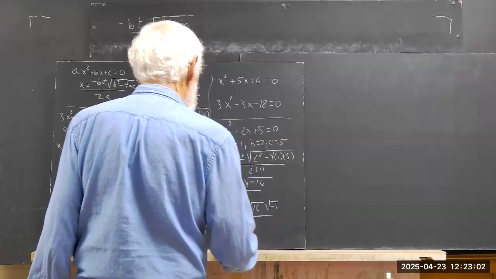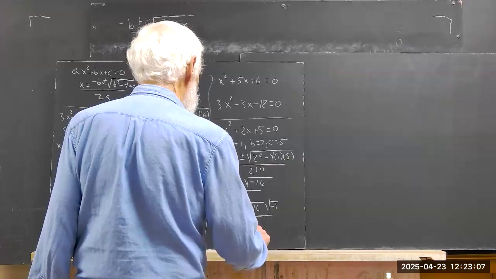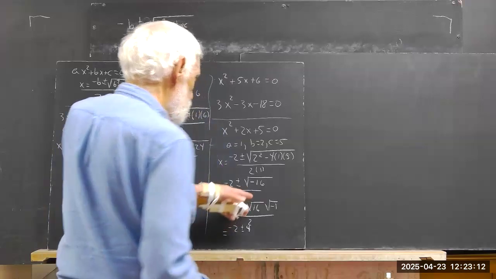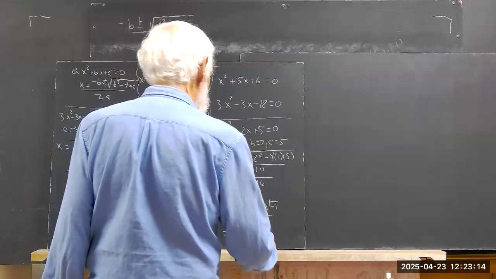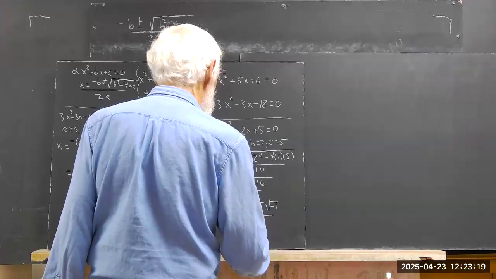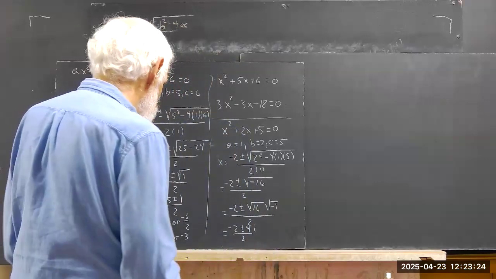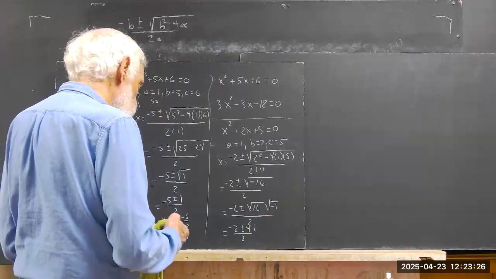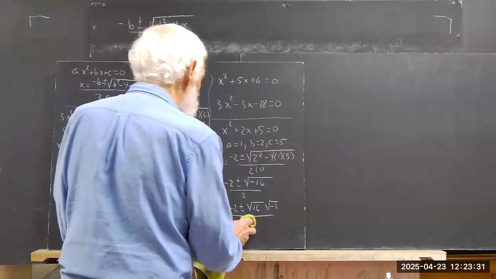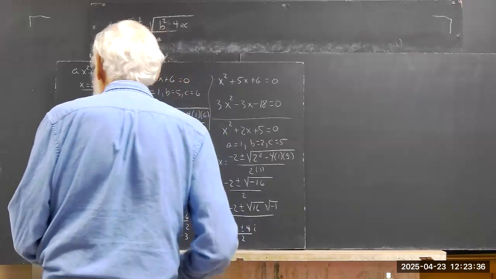Anyhow, that's over 2. Well, we say that's -2 plus or minus the square root of 16, which is 4, and we're going to say the square root of -1 is i. Now, why do we call it i? Well, no real number can have a negative square.